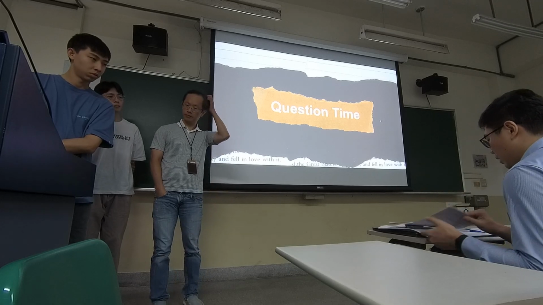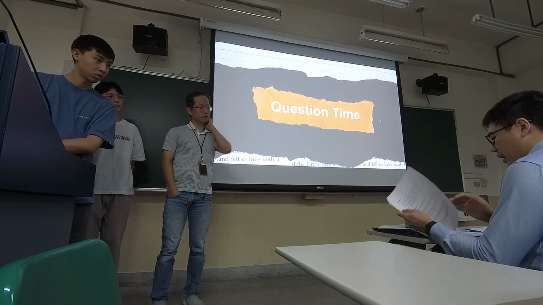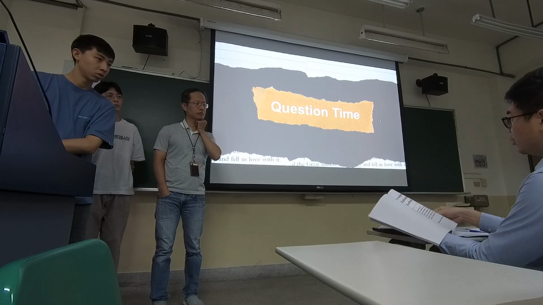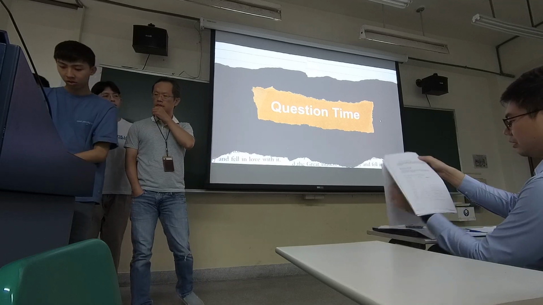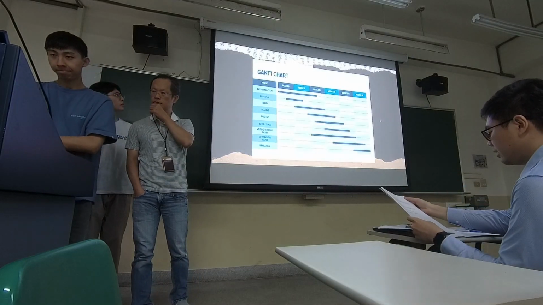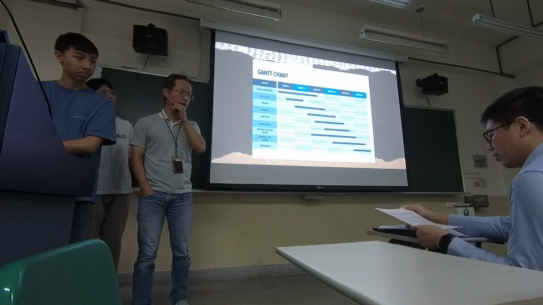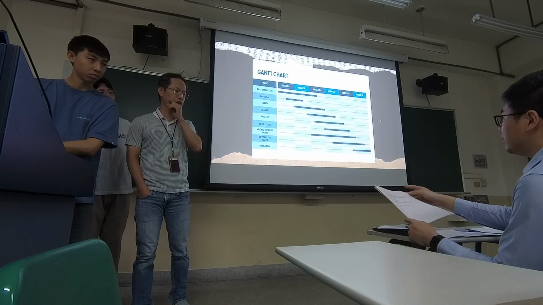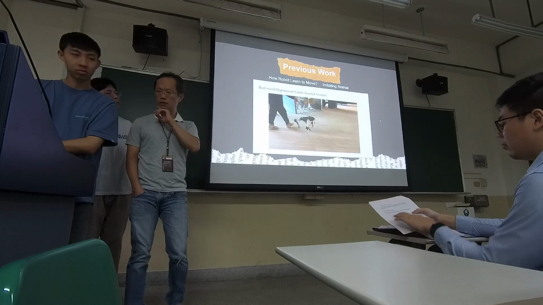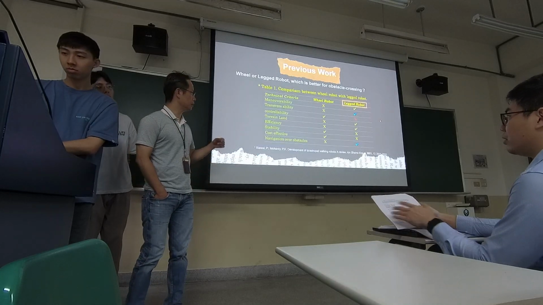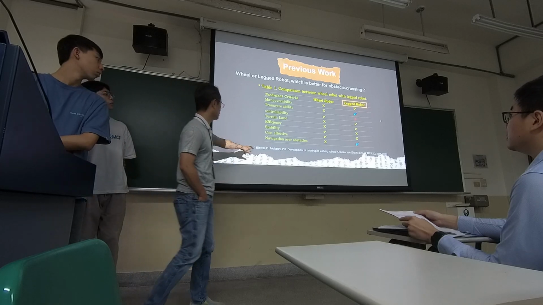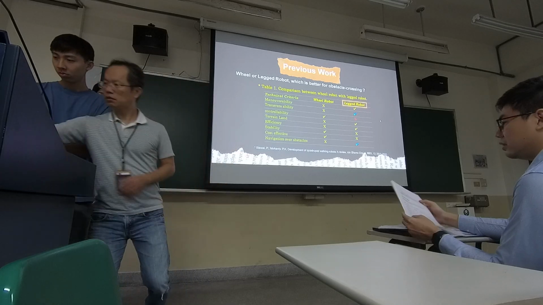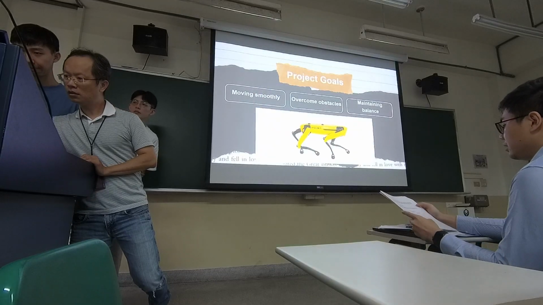Yeah. And when I read your reports, I think that you have a table one in your presentation, but I didn't see you cite your table one. Is table one by you, or from a different source?